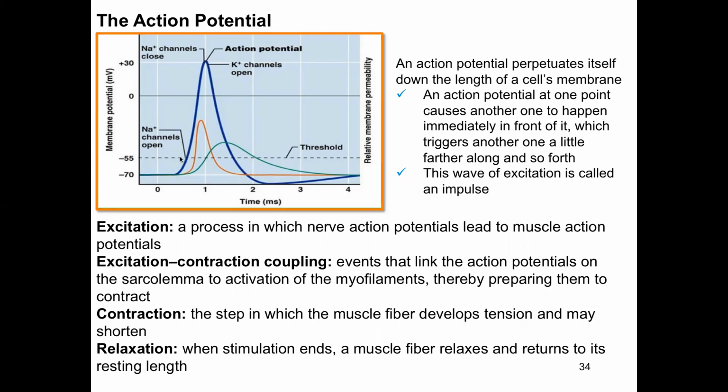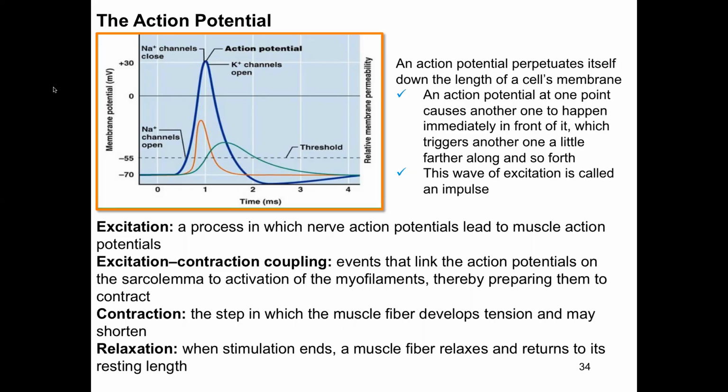Now, if it hits what we call a threshold potential, voltage-gated sodium channels will open, and sodium is going to rush in. These voltage-gated sodium channels will close at a certain voltage, and it tends to be around plus 30 millivolts. At this plus 30, the voltage-gated potassium channels become fully open.